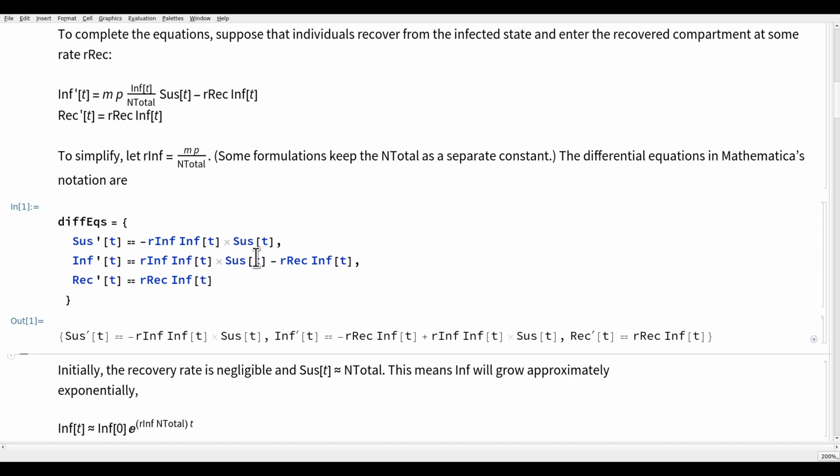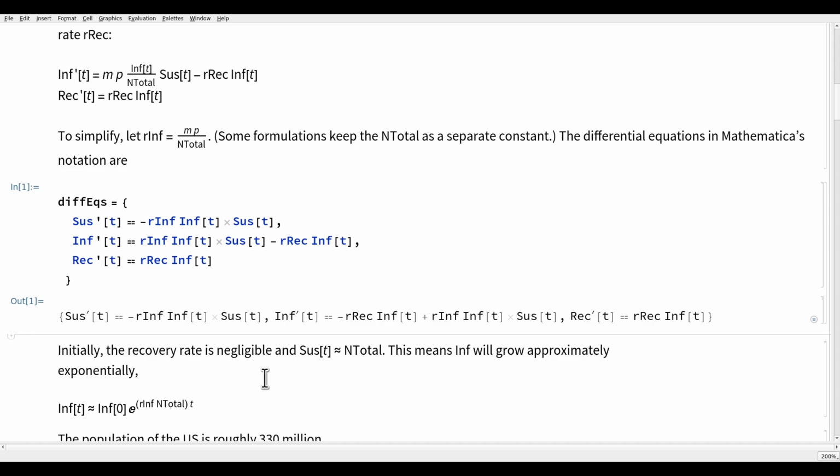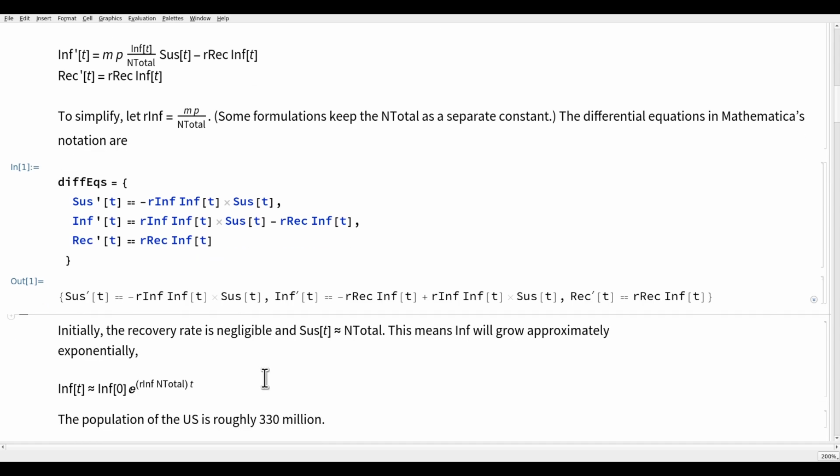Since the number of susceptibles is pretty much the whole population to begin with, for small values of time, the number of infected individuals will grow approximately exponentially. So that's as if this term is not there and SUS of t is constant.